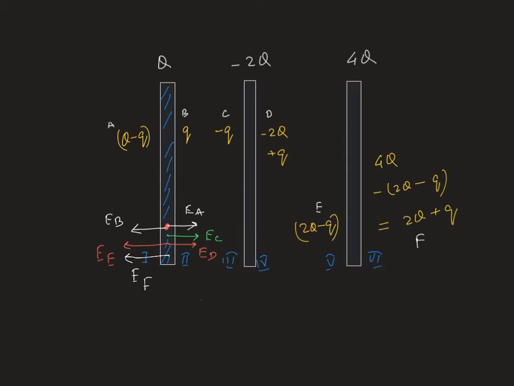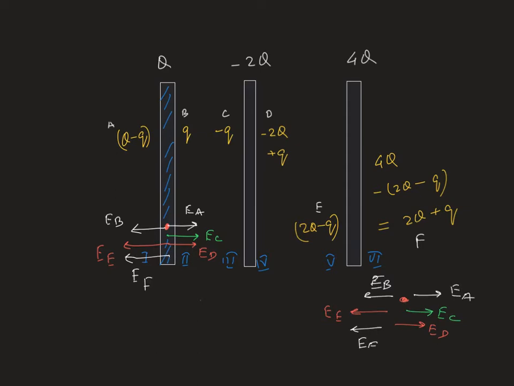So at point P, let me draw this again. At point P, there is a field EA like this, there is a field EB like this, and then there is a field EC like this, and then there is a field EE like this, and then there is a field ED like this, and then there is a field EF like this, EF.